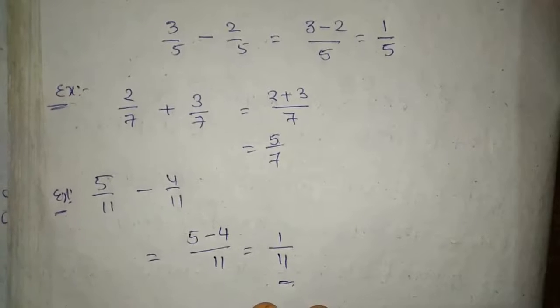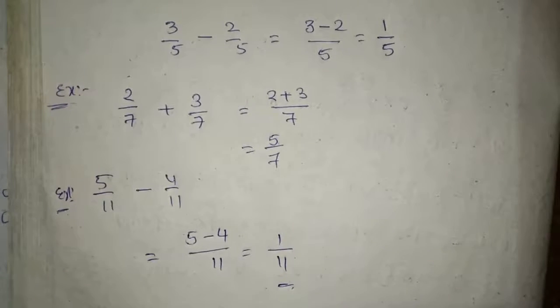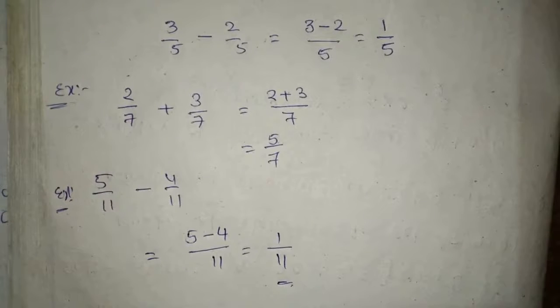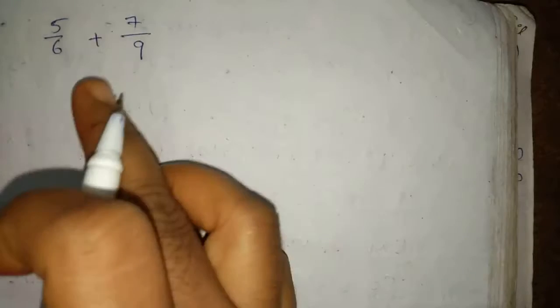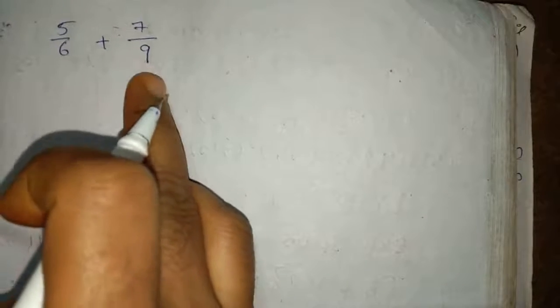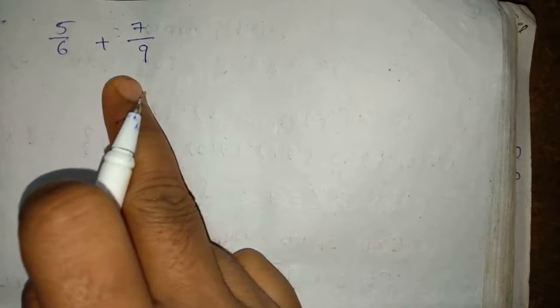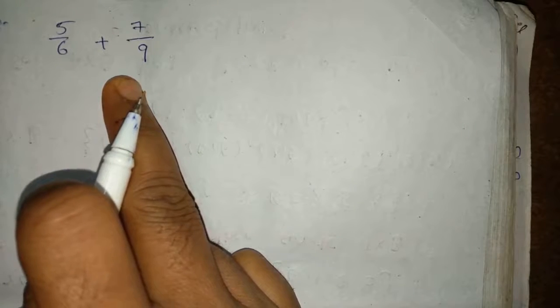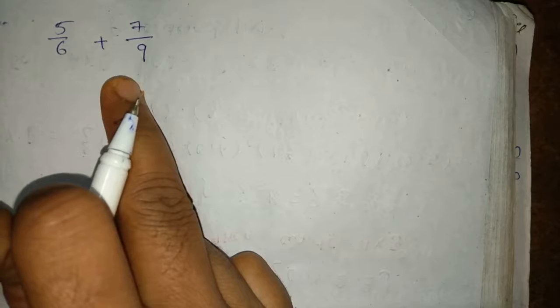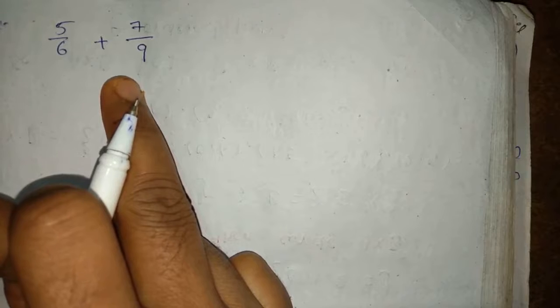Now to add or subtract fractions in which the denominators are not equal, means the fractions are unlike fractions, let us take an example. Here 5 by 6 plus 7 by 9. Here the denominators are not equal, so we cannot add the numerators simply. First we have to make the denominators equal, means we have to convert the fractions into like fractions.